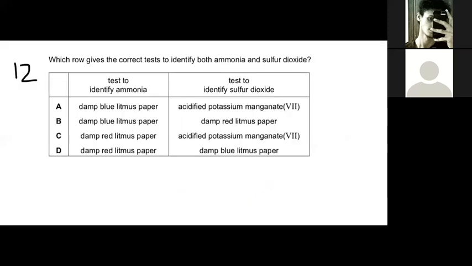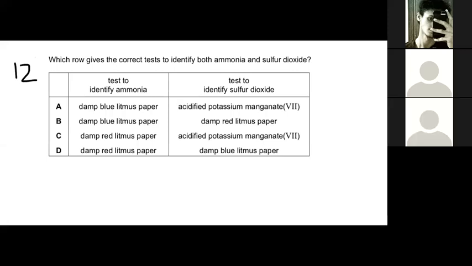Question 12. Which row gives the correct tests to identify both ammonia and sulfur dioxide?